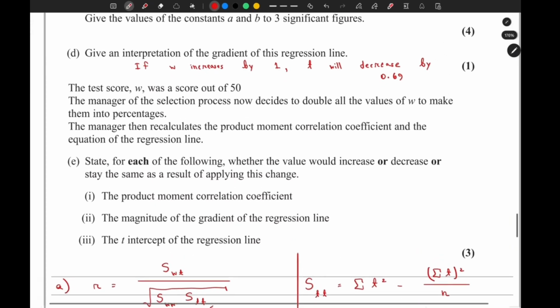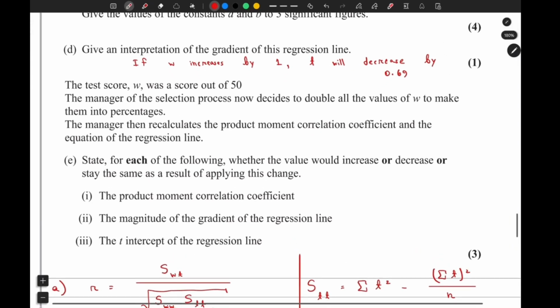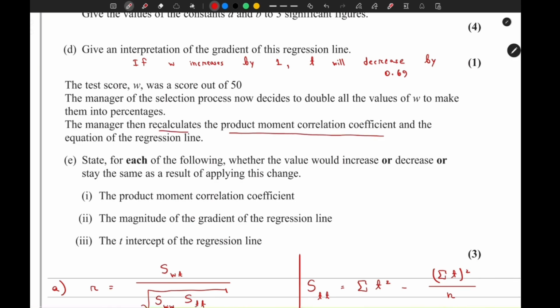Now for the next part, state for each of the following whether the value would increase, decrease or stay the same as a result of applying this change. The change is that the manager now decides to double all the values of W to make them into percentages.